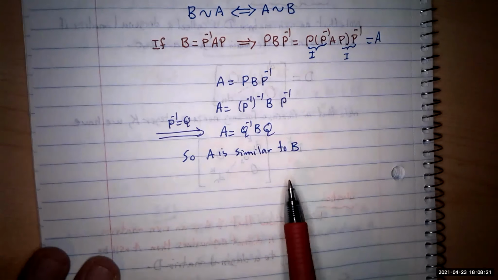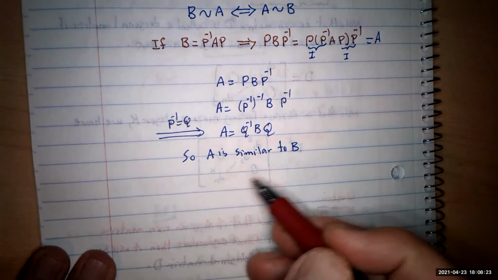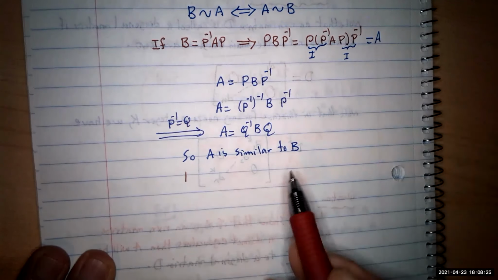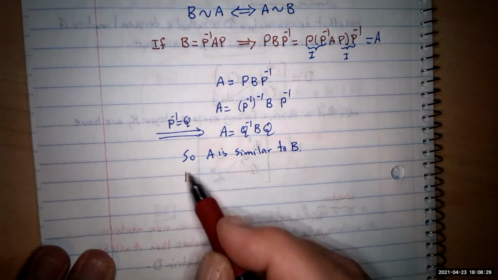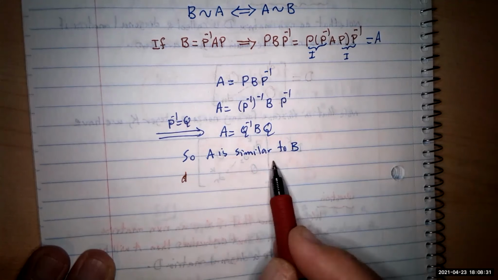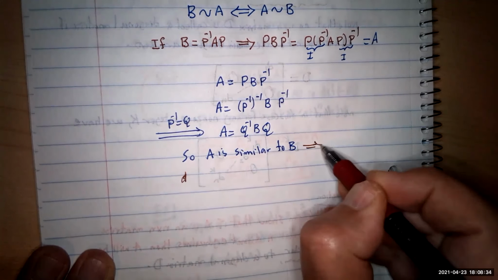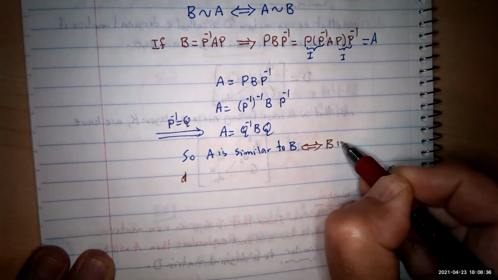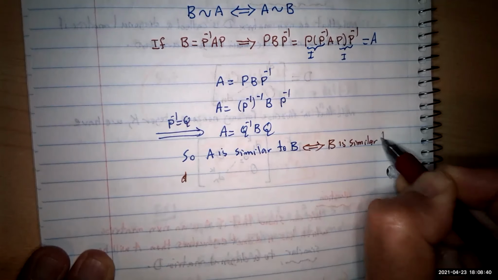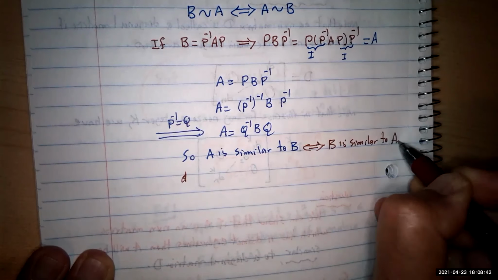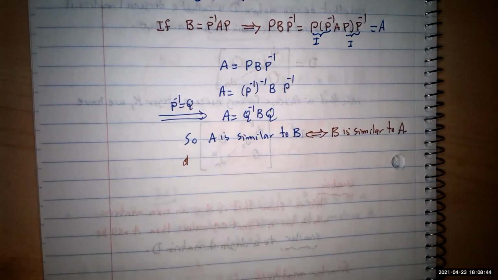So basically, we got this result, so I finish this one. A is similar to B if and only if B is similar to A. It's an easy fact, but it will help us from time to time. We are going to use it.